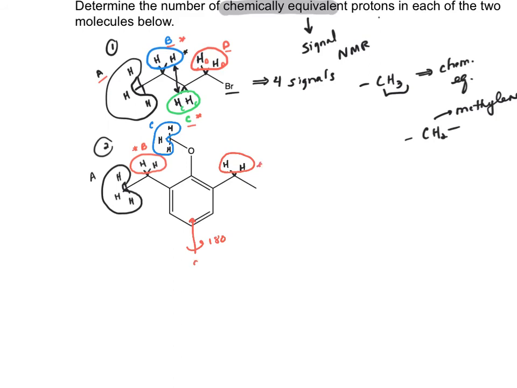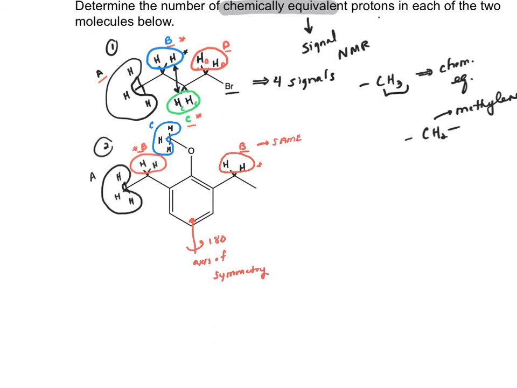This molecule does have an axis of symmetry, and because of that, B and B, because they're symmetric, are going to give rise to the same signal. So both of these sets are going to give rise to the same signal overall.